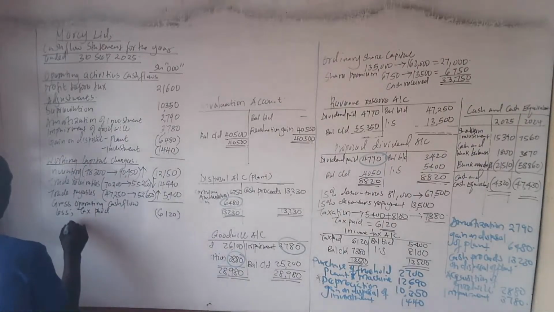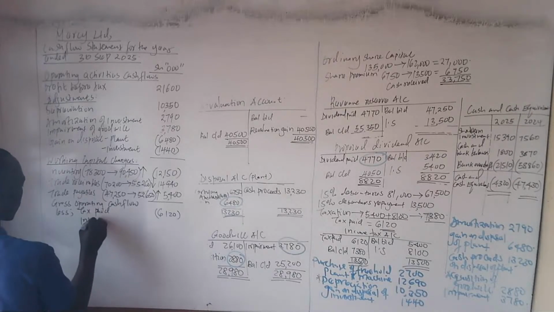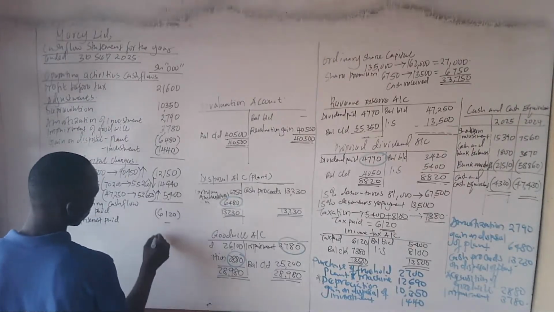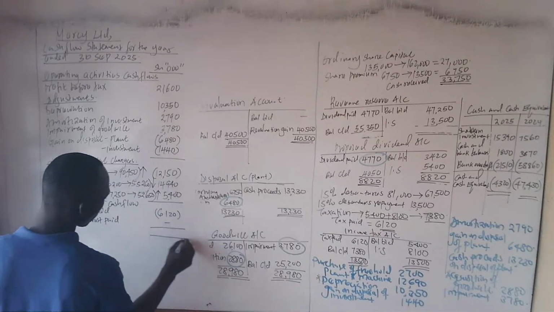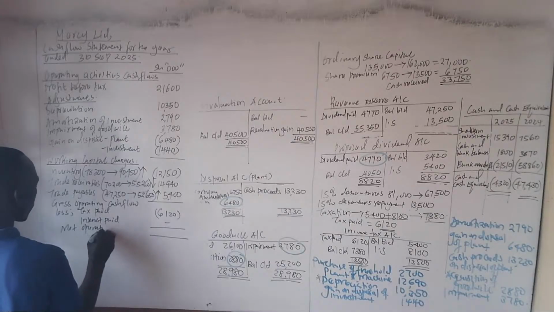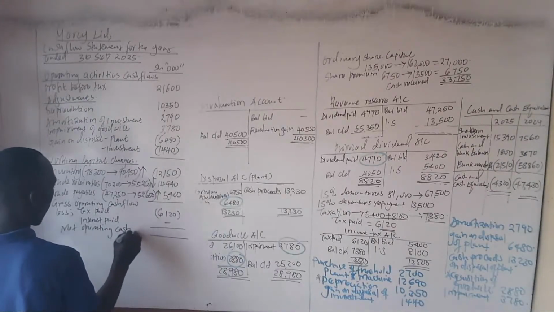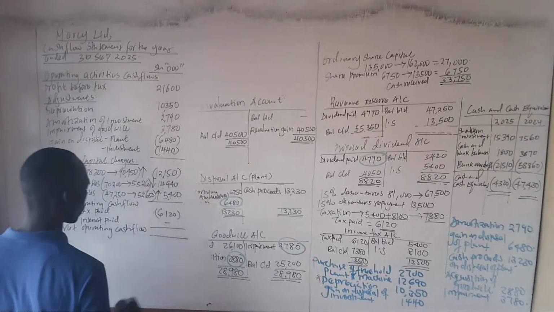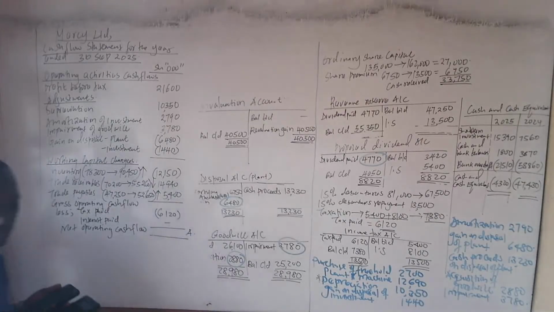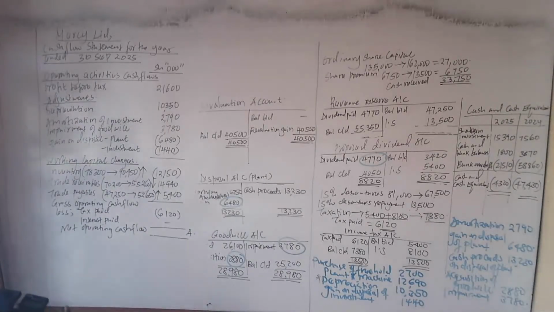If we had interest, you also need to raise the interest paid, but I did not see that we had interest paid. Then from there we get the net operating cash flow, and we call it A. Once we call that A, we go to B.